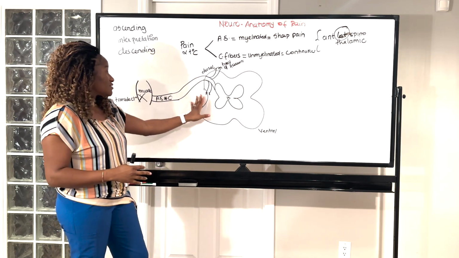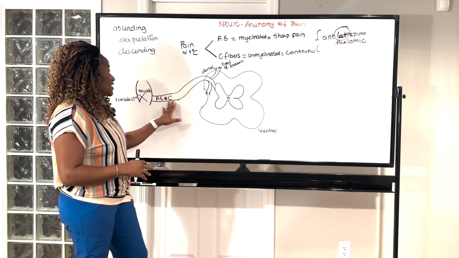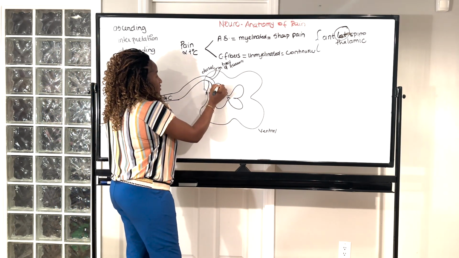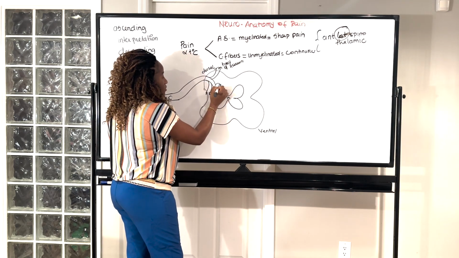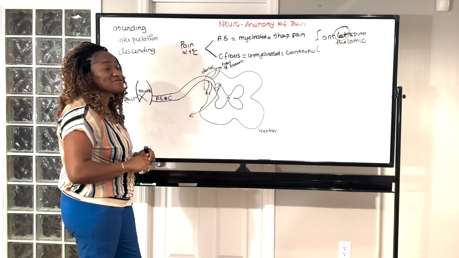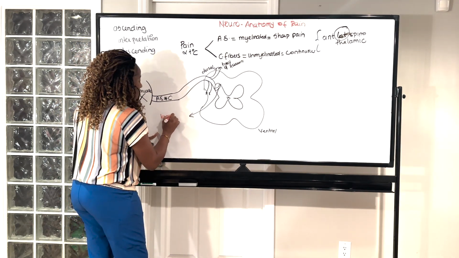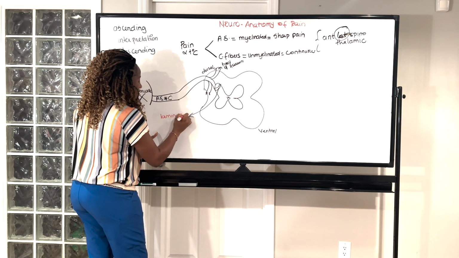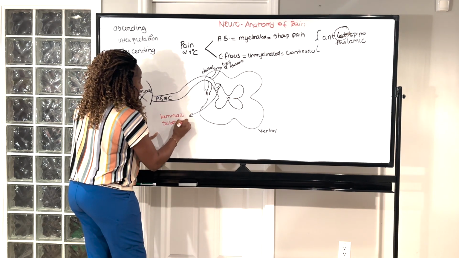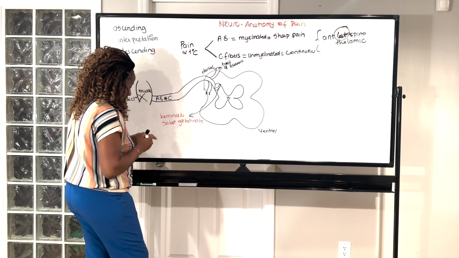So let's go back to our A delta and C fibers. When they come into this area, we have what we call, and I'm going to put that in red because it's also very important, a zone called lamina 2, which contains the substantia gelatinosa.